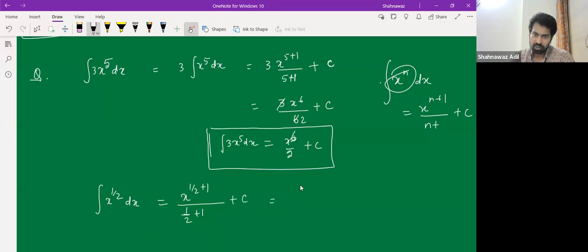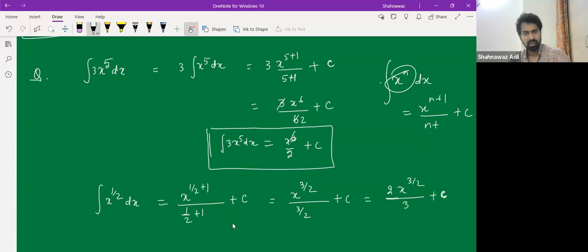So this would be x^(3/2) divided by 3/2 plus c, which is 2x^(3/2) divided by 3. Is that clear, guys?